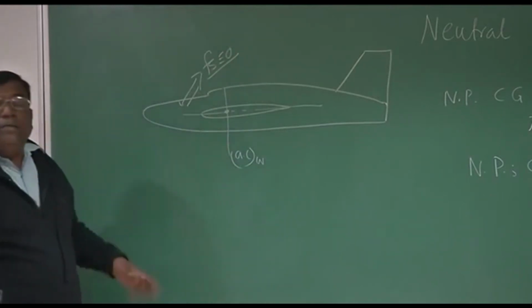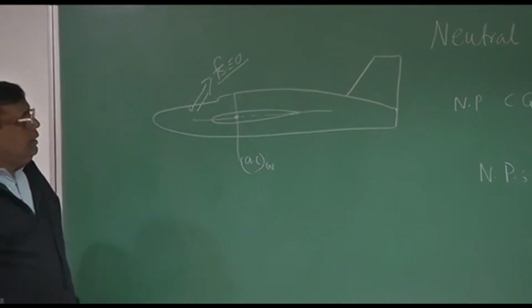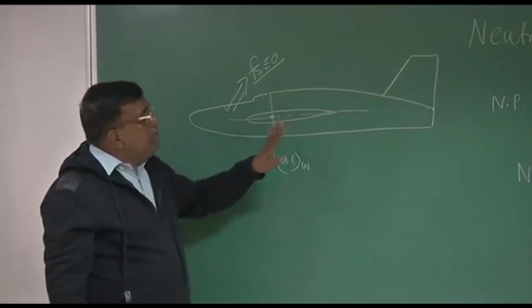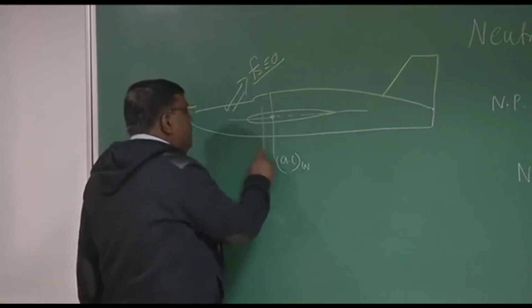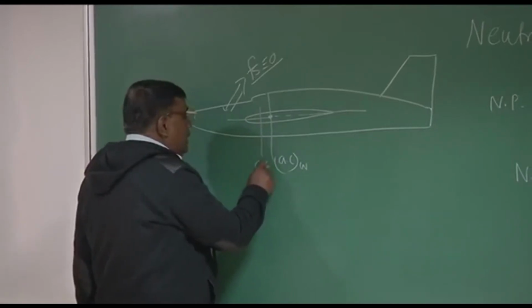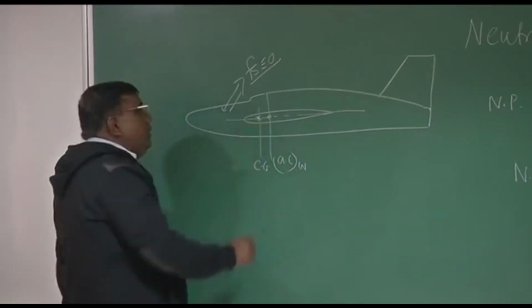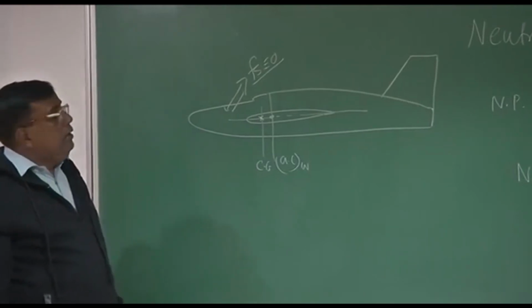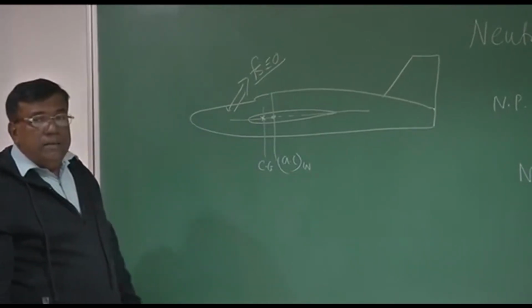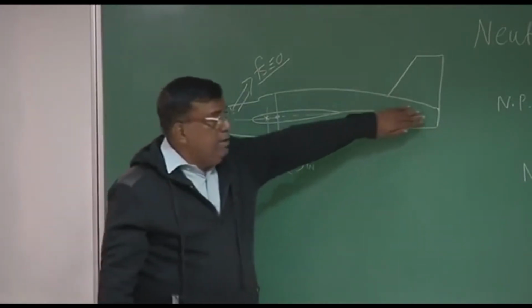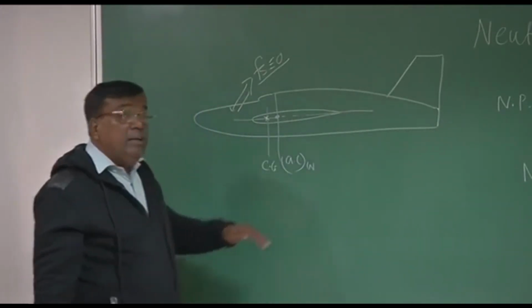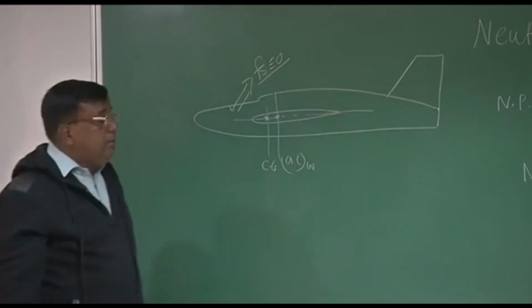We are neglecting the fuselage effect for the time being. Now, if the configuration is like this, and if the CG of the airplane is somewhere here, what is your answer? Whether this configuration is statically stable or not? It doesn't have any tail, please understand. It doesn't have any horizontal tail, as per the diagram.